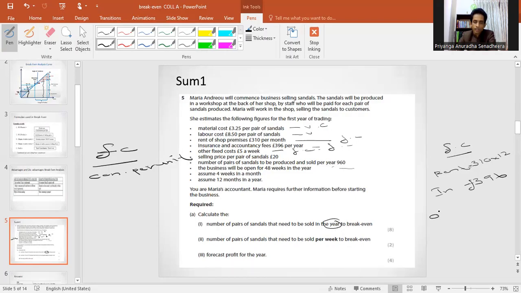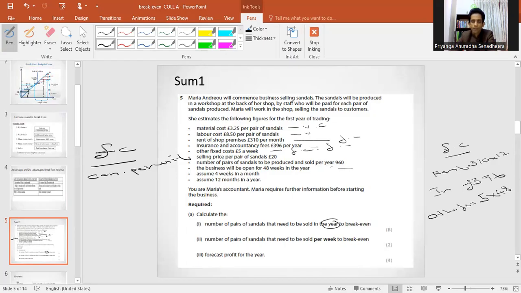Then the next fixed cost will be other fixed cost, £5 per week. We have how many weeks per month? 4 weeks per month. But we need it for 12 months, so it should be multiplied by 12 into 4, which is 48. So 5 multiplied by 48. This is the total fixed cost.